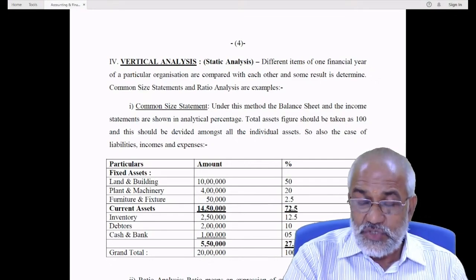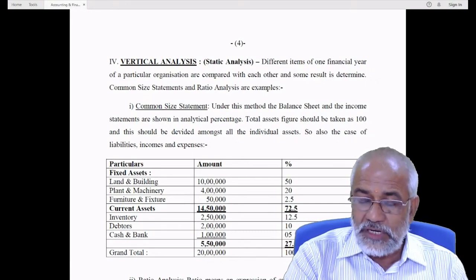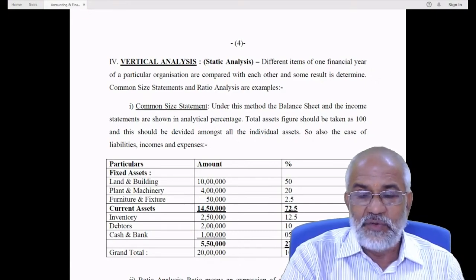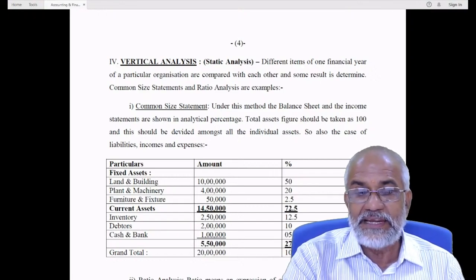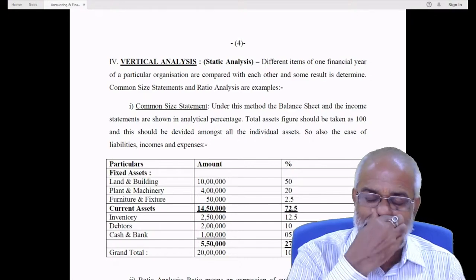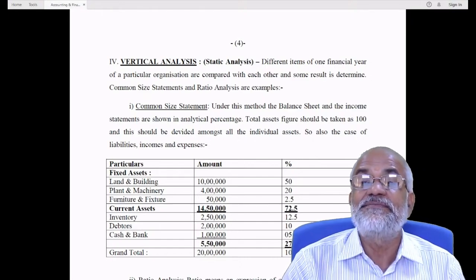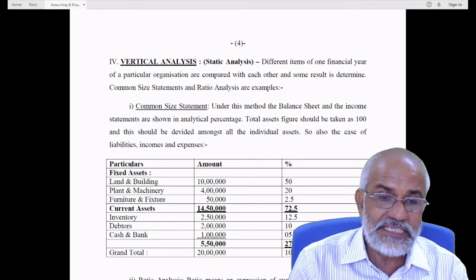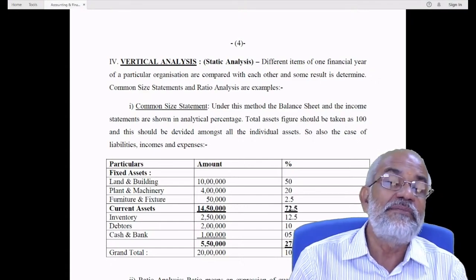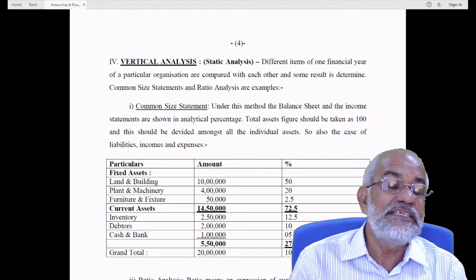And when this total of the asset is taken as 100, its different components are divided amongst the individual items of assets. The same method is adopted in case of liabilities, incomes and expenses also.